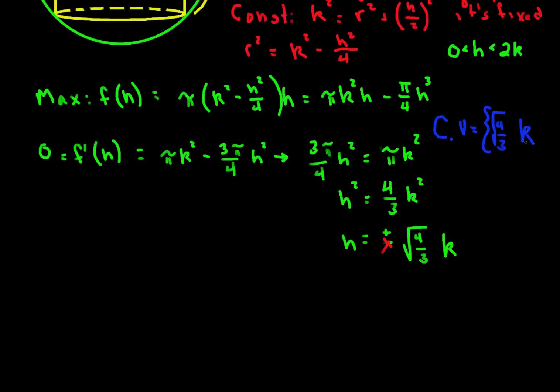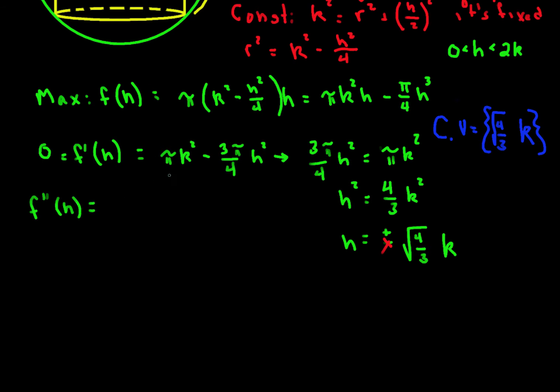Now, since we only have one critical value, we can use the second derivative test. So let's compute our second derivative, f double prime of h.